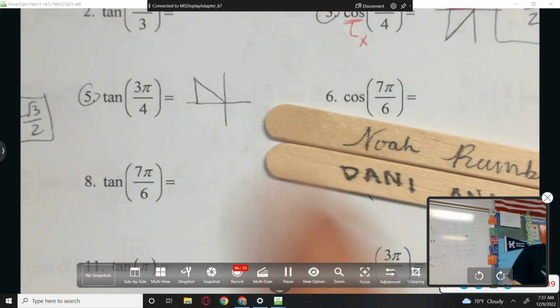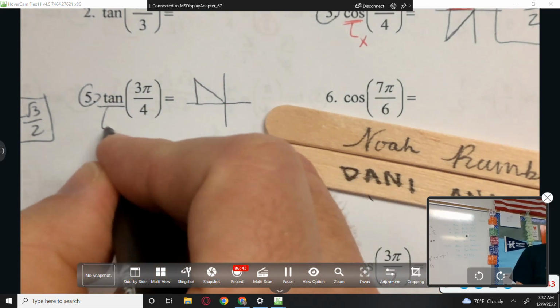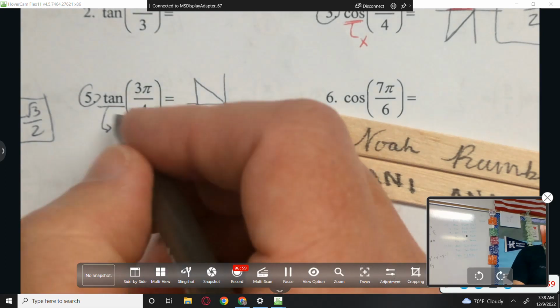Noah, how do I find tangent in terms of x and y? How about in terms of opposite, adjacent, hypotenuse? So SOH CAH TOA. Opposite over adjacent.